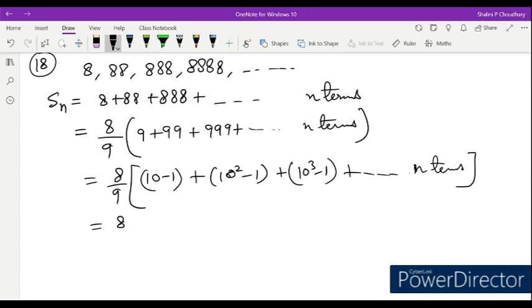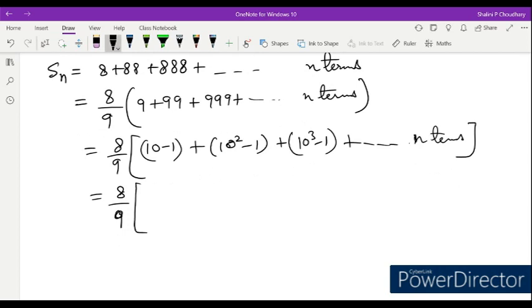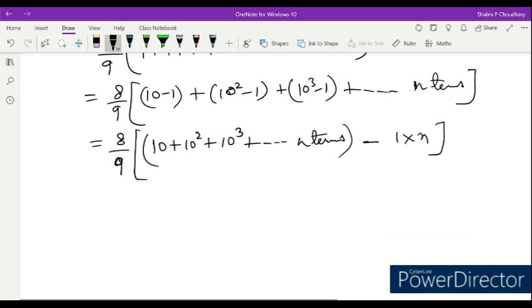Now 8 upon 9 into 10 plus 10 square plus 10 cube plus so on till n terms, and minus 1 n times. So 1 into n. So it will be 8 upon 9 into, this 10 first term is 10 and r is also 10.